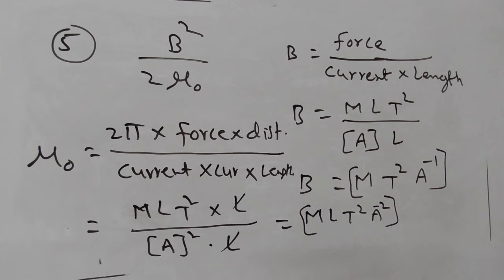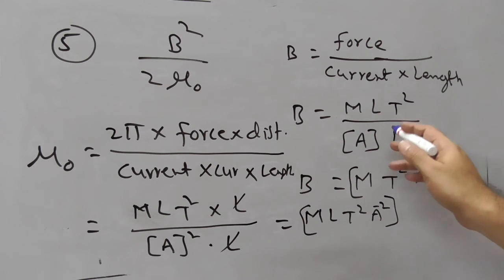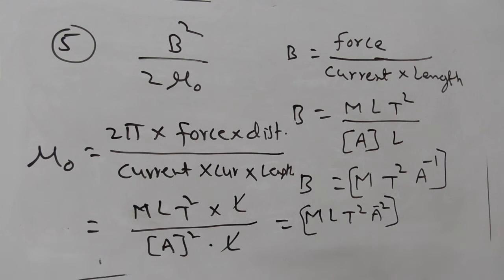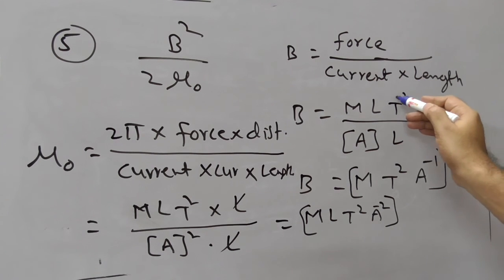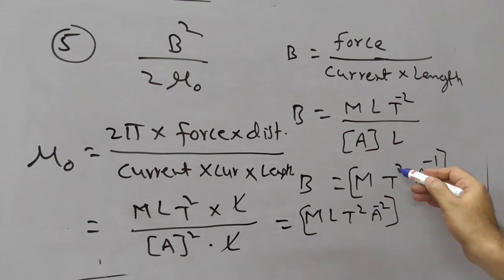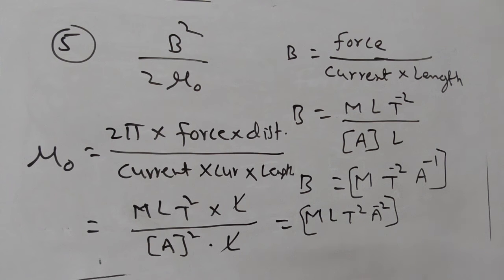Force is M L T minus 2, right? So mu naught is M L T minus 2 A minus 2. Just apply the formula, very simple questions, direct formula application, no logic is there, right? Clear?